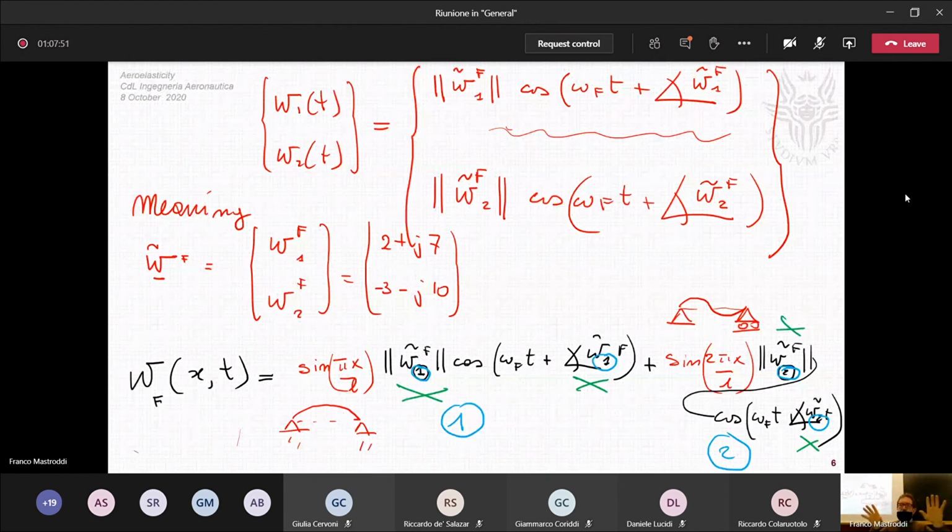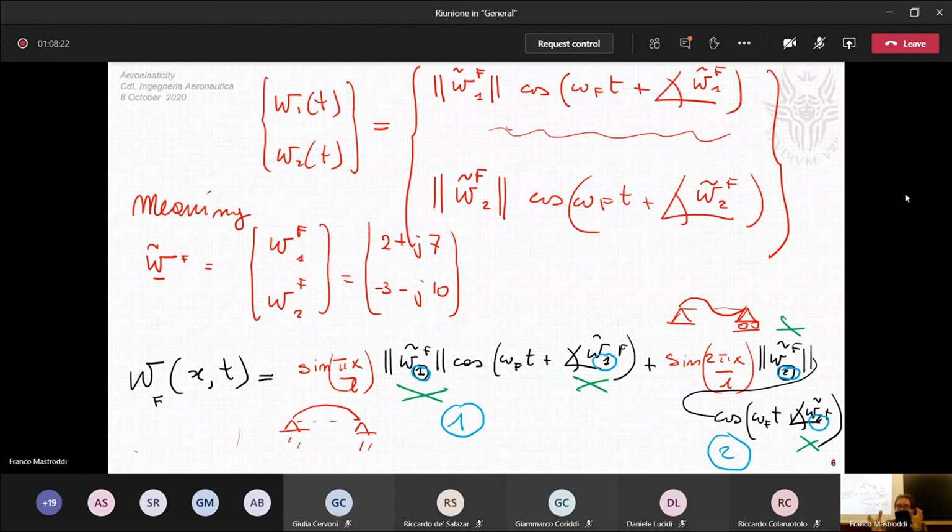Another way for posing the question: if you don't have aerodynamics, you have separated modes of vibration, one like this and the other one like this. When you consider the coupled problem and you are in the margin of stability, you should ask, in the critical flutter vibration, how much of the first mode is included in my response and how much of the second mode is included.